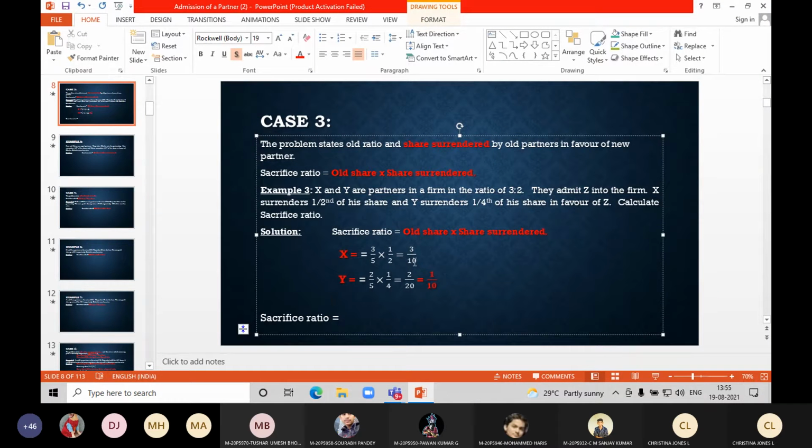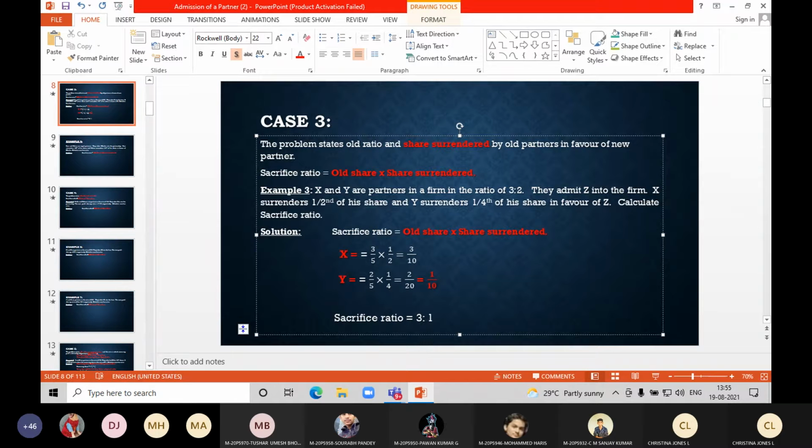If you don't want to simplify it, then this is 3/10 and this is 2/20. 10 and 20, take an LCM, convert it to a proper fraction and then represent in ratio. Instead of taking LCM and converting, if you reduce it here, automatically both the denominators become the same. So I can just write it as 3:1. Yes, very simple mathematics, and this is 6 marks.